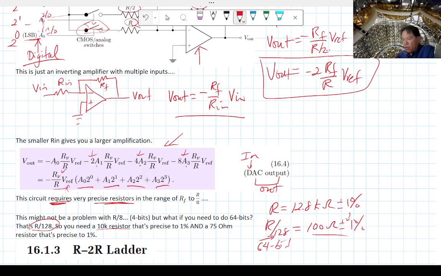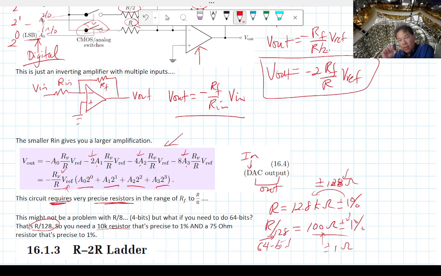The lower the resistors, the larger the uncertainty in percentage, because plus or minus 1% here is plus or minus 1 ohm, whereas the 12.8K plus or minus 1% is actually plus or minus 128 ohm, which is much easier to deal with.